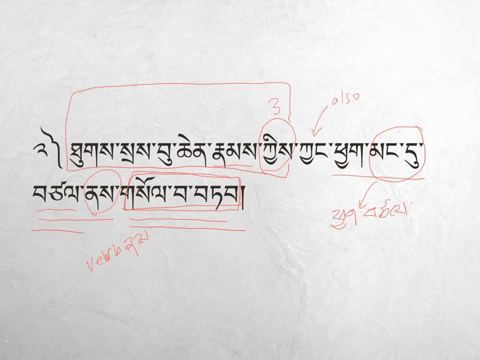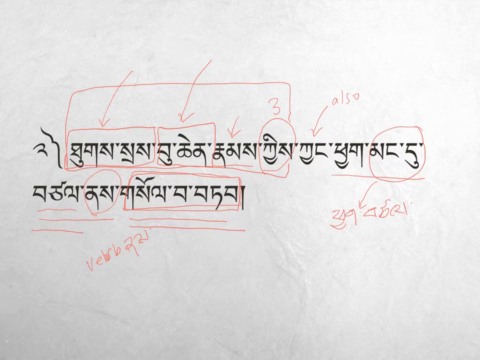So then let's go back to the agent and sort out this section. So here we have a plural marker, and we know from our vocabulary lists or dictionary that we have two nouns here. So it's the heart disciples of the Lama and the Lama's spiritual sons, so two kinds of disciples.